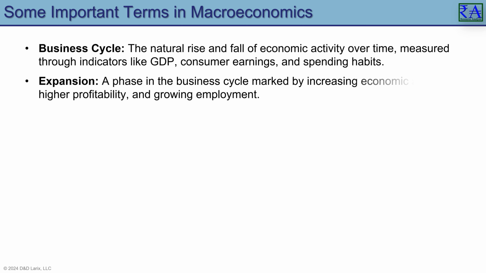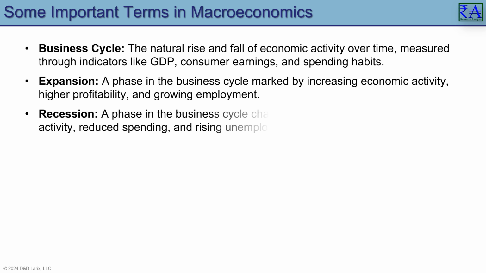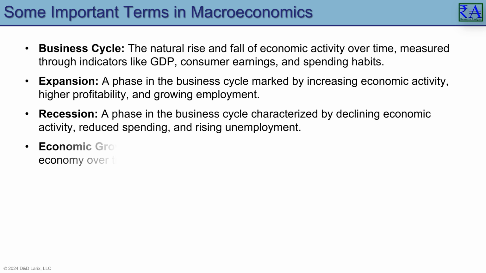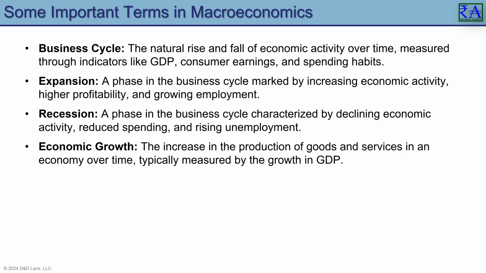Expansion: a phase of the business cycle where economic activity is increasing, characterized by rising GDP, higher employment rates, and increased consumer spending. Recession: a period of economic decline during which the GDP falls, unemployment rises, and consumer spending decreases. Economic growth: the ability of an economy to increase the production of goods and services over time, usually measured by the growth rate of the GDP.